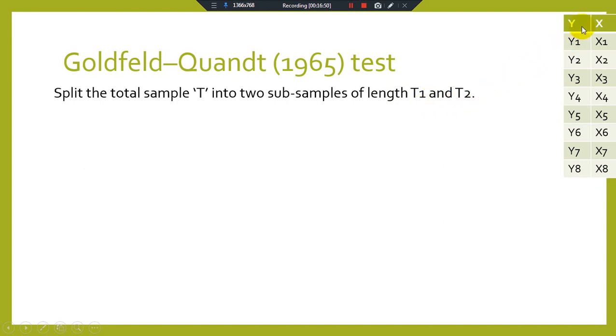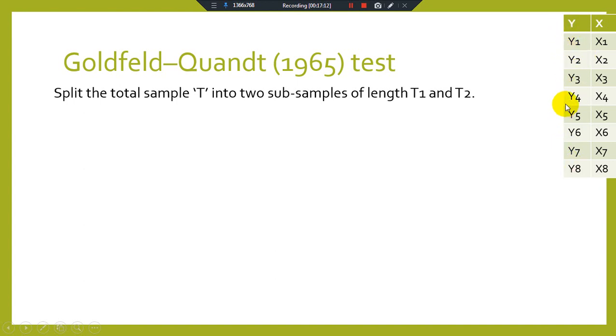Let's see, here on the right side we have a data series with one dependent variable and one independent variable. We have 8 observations of y and 8 observations of x, and we can distribute this sample into equal parts.